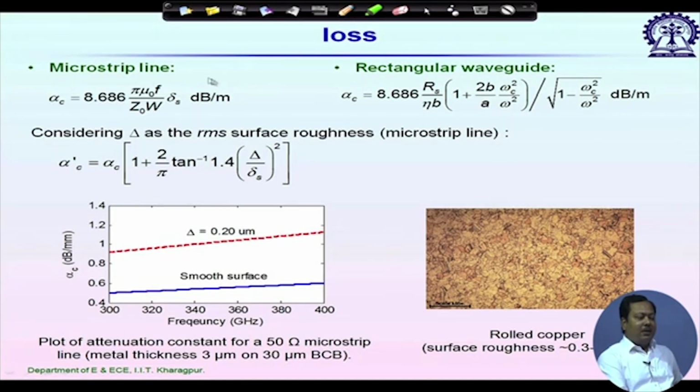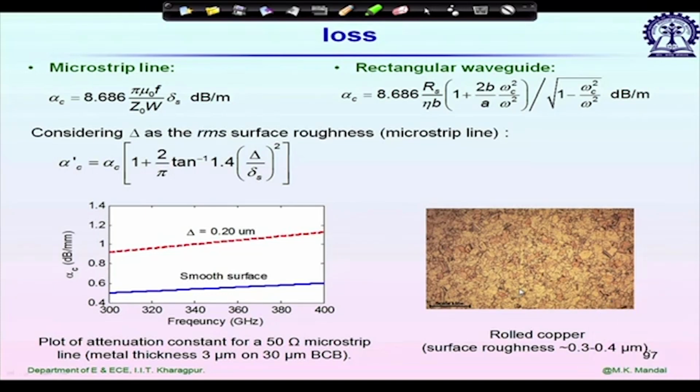Now, remember this closed form expression is derived considering a smooth surface, but practically whatever surface we use is not smooth. We always have some rough surface. This is one example of rolled copper. So, if you look at the surface, we can't consider it as a smooth surface, typically at millimeter wave frequencies, where skin depth is already very small.